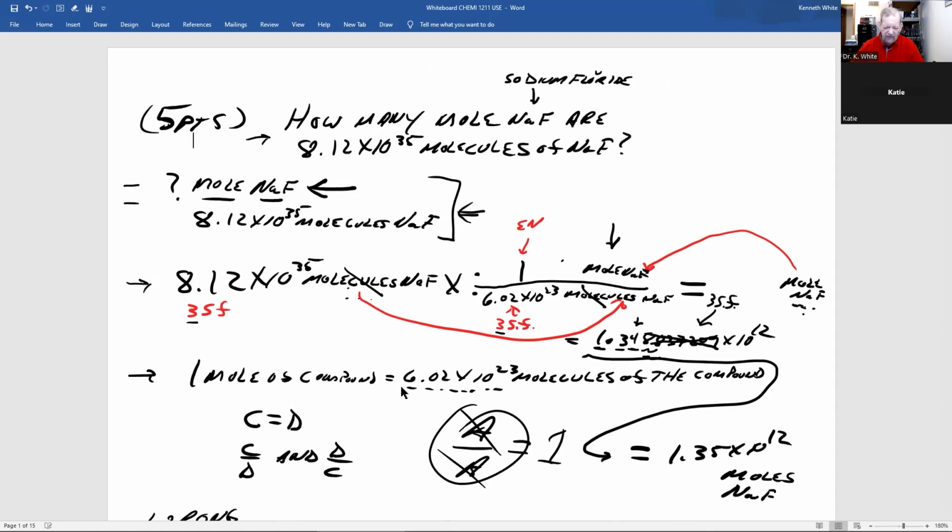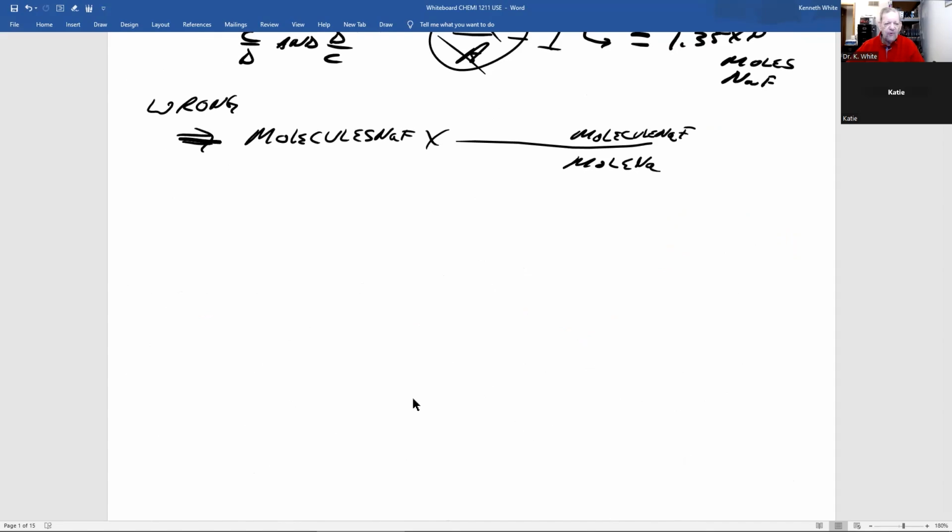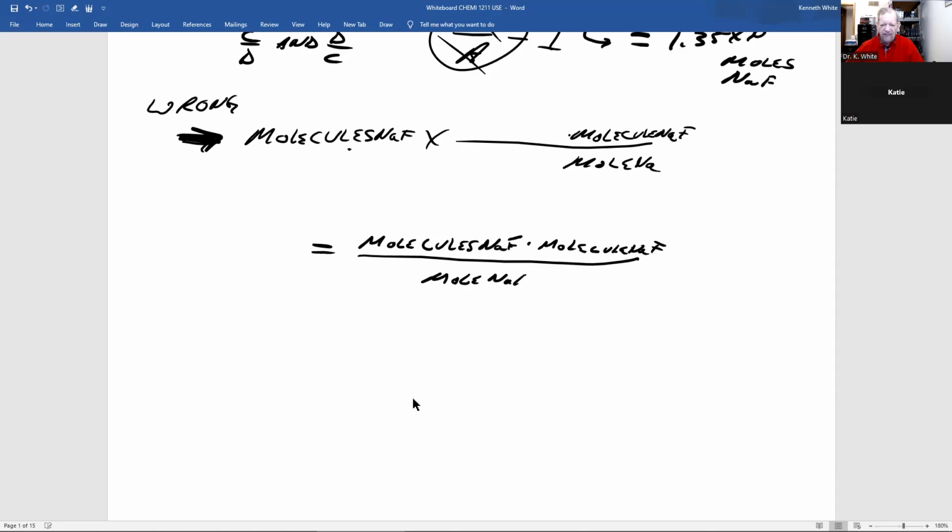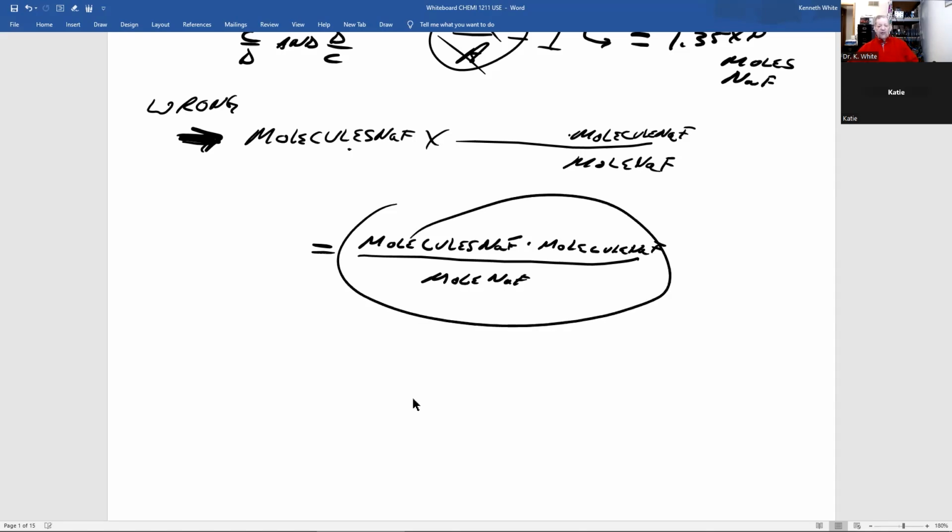Moles of sodium fluoride. If you did this right here, what units would your answer be? Well, it's molecules of sodium fluoride times molecules, divided by moles NaF. And notice nothing cancels out, and this is not what you want.